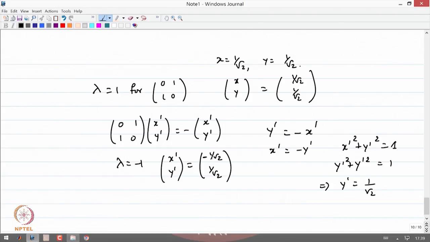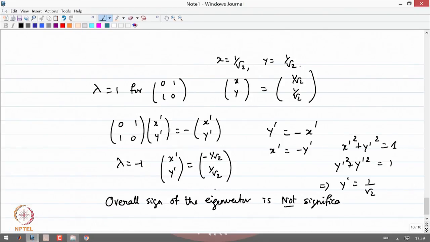Now this sign is arbitrary, because if I choose y prime squared equal to 1 by 2, I can also choose y prime as minus 1 by root 2. The overall sign of the eigenvector is not important, not significant.